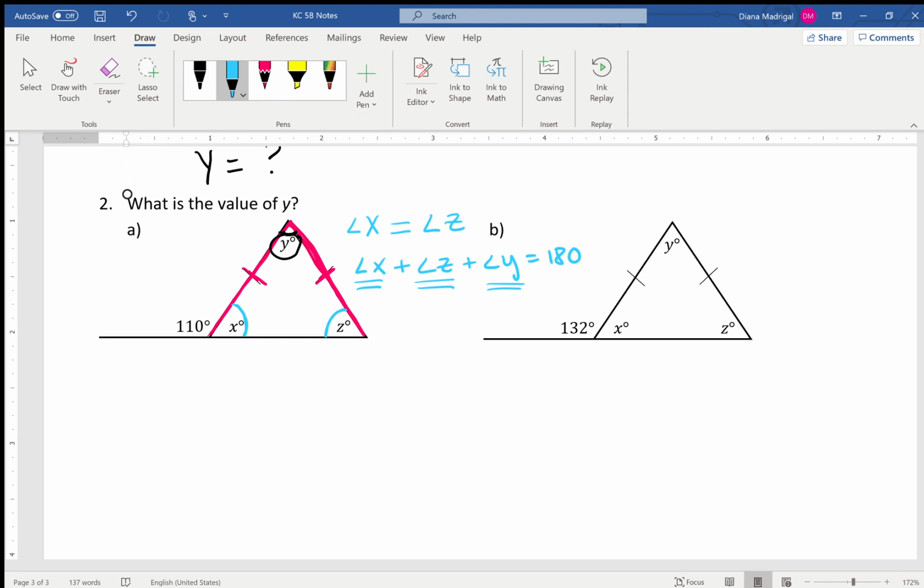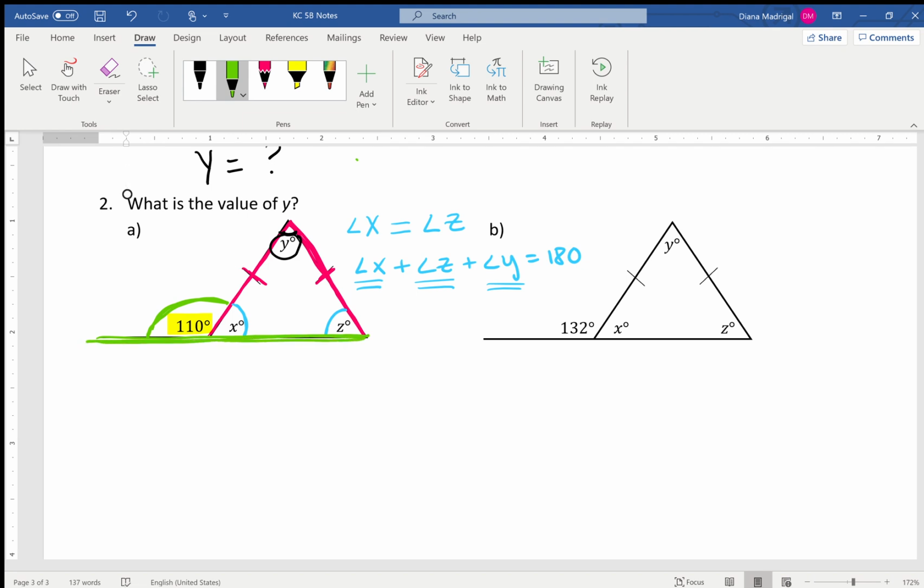That means we're going to have to work backwards a little bit. The only number they gave you here is this 110. This 110 is another angle, but it's formed with the line on the bottom and is outside the triangle, not inside.